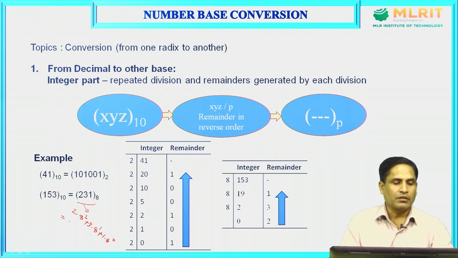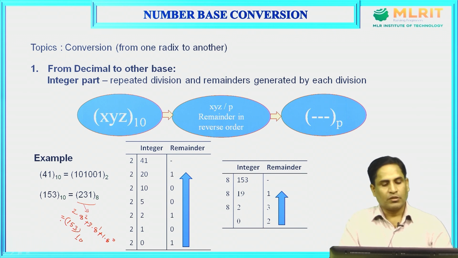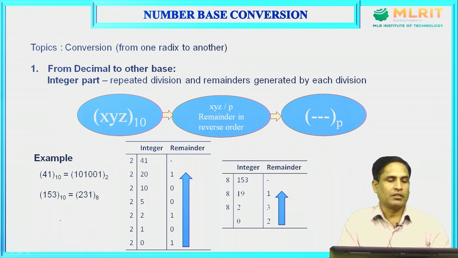Once you calculate, you will get 153, and the rule was that when we expand the given number on its base, it is converted into its decimal number system. So this was the part for the integer part.